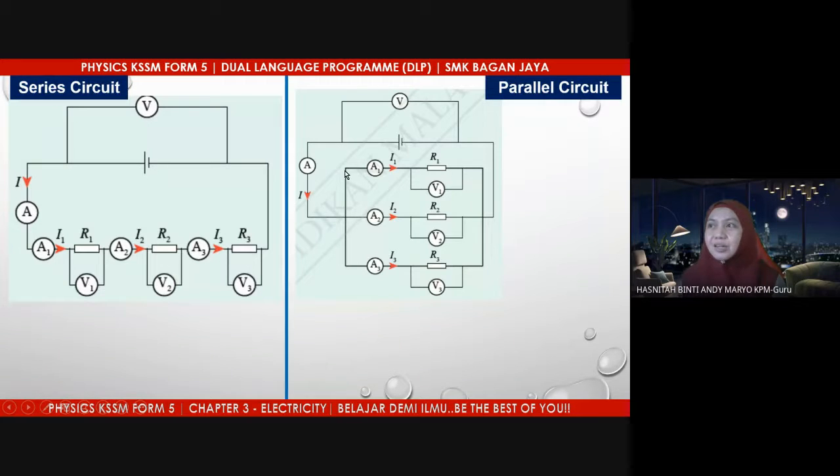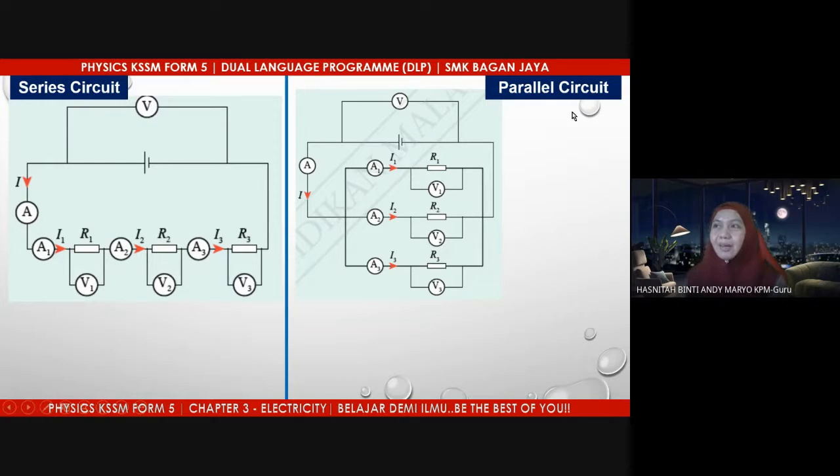This is the first junction where R1 lies, the second junction where R2 is, and the third junction where R3 is. So series has one single path, while parallel consists of a few junctions. The least is 2 junctions, minimum 2, and maximum no limit.